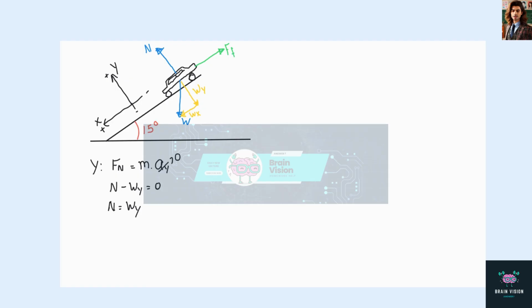To figure it out, we have to do a little bit of geometry. This angle is 15 degrees. If we extend the weight W until it reaches this point, we see a right triangle arising. This angle is 90 degrees, and this angle is, as a consequence, 75 degrees, because this angle plus this angle must be equal to 90 degrees.